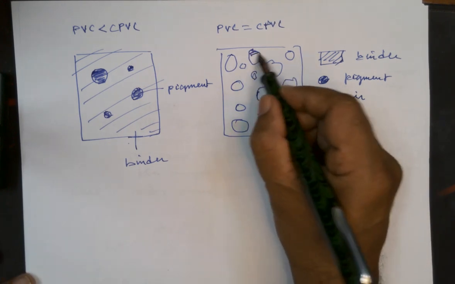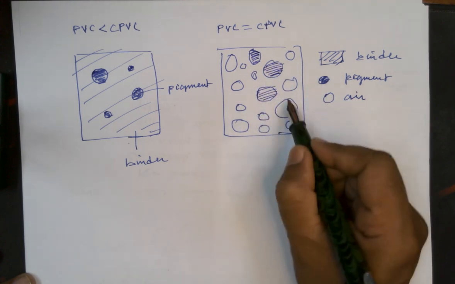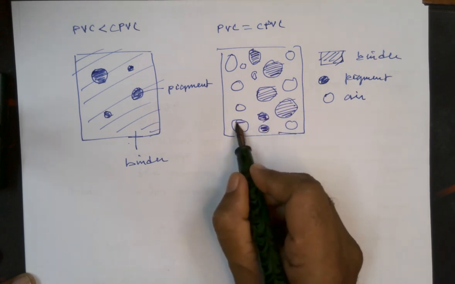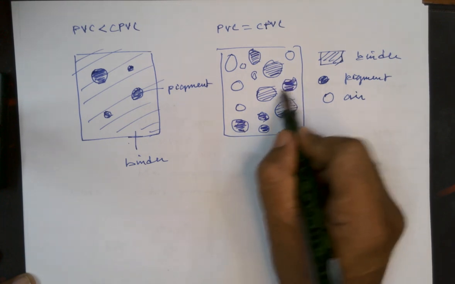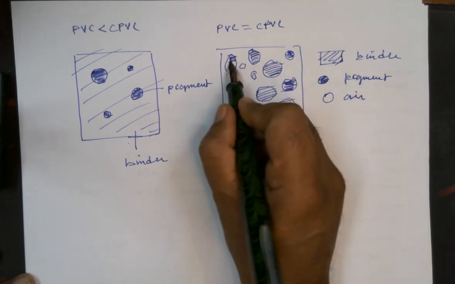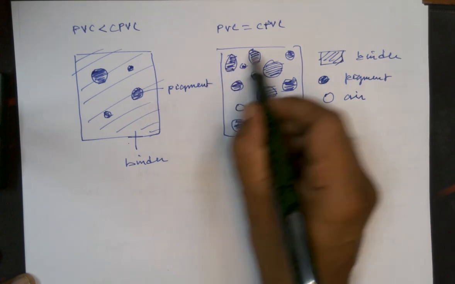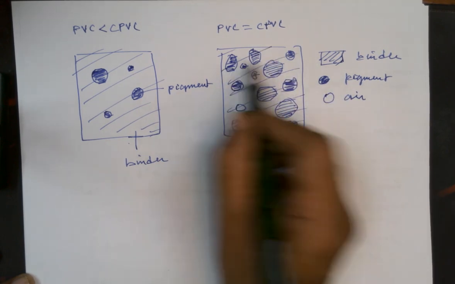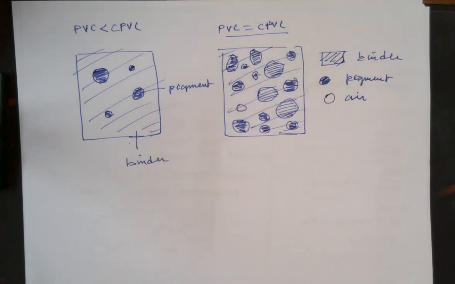So here we have these pigment volumes, and the remaining space is binder. So here the pigment volume and the binder volume are almost the same, and that is why it is called PVC equal to CPVC.